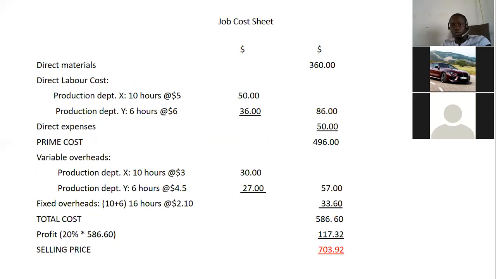I know you have your calculators there, so you can also do it. 20% of this amount will give us $117.32.